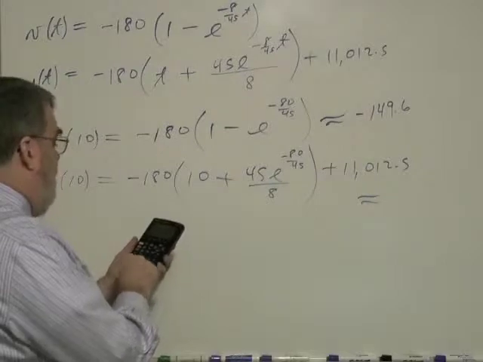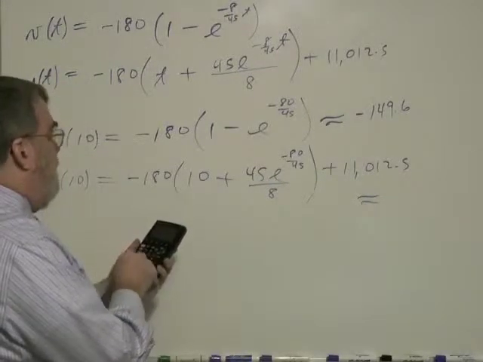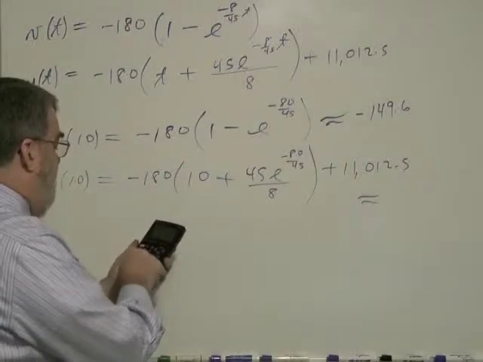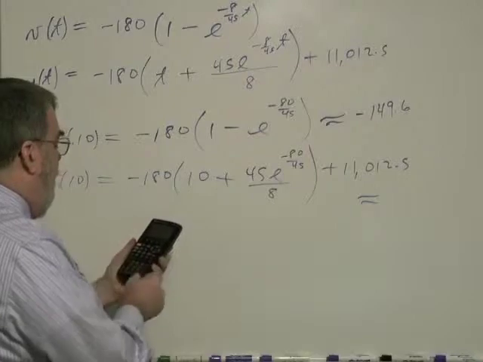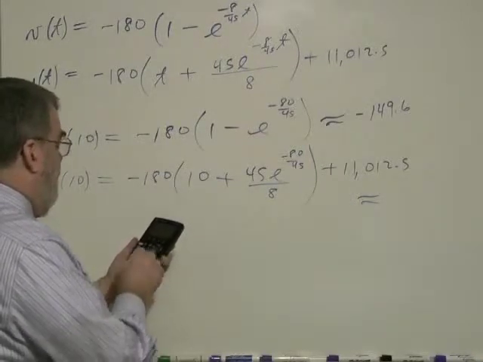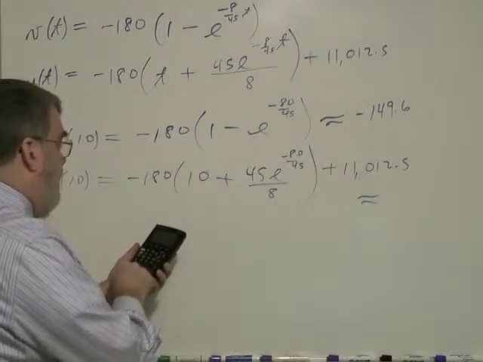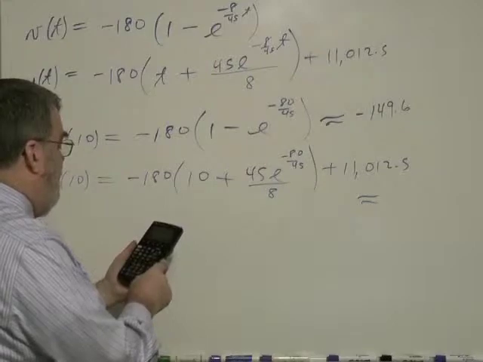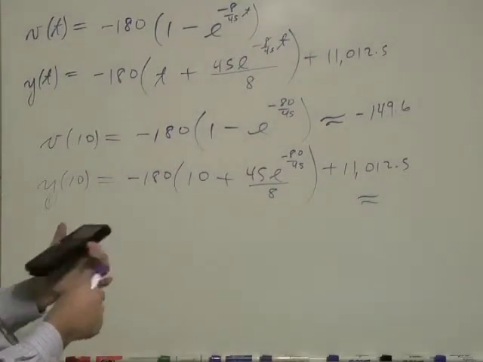Let's see, 10 plus 45 divided by 8 times e to the parentheses negative 80 divided by 45 is a number times negative 180, then add 11,012.5, and I get 9,041.4 feet.